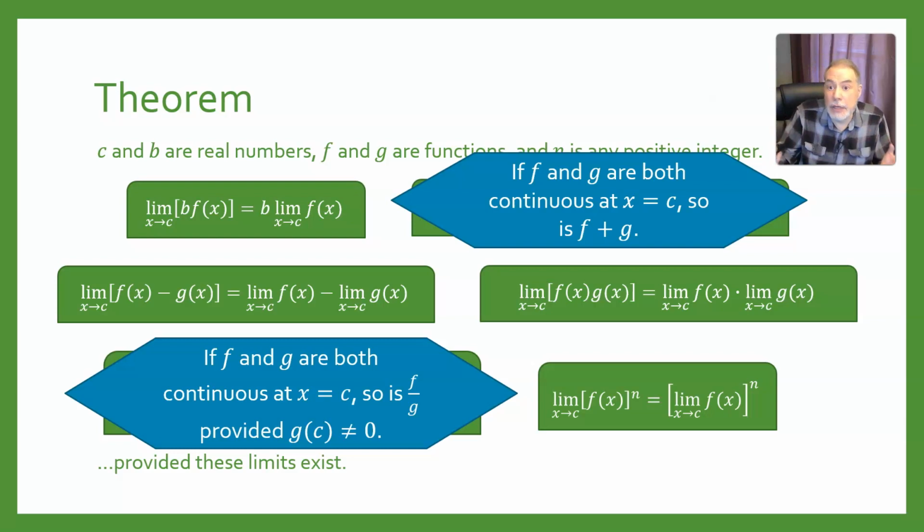If the denominator is 0, then the whole thing, f over g, would be undefined because you can't divide by 0, and so you would have a discontinuity there. But as long as that doesn't happen, if the function on top is continuous and the function on the bottom is continuous, then f over g is also continuous.